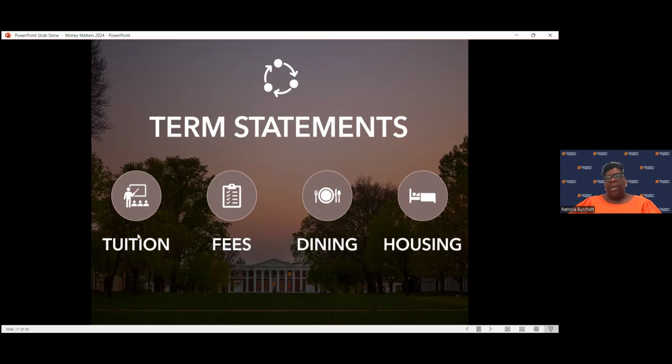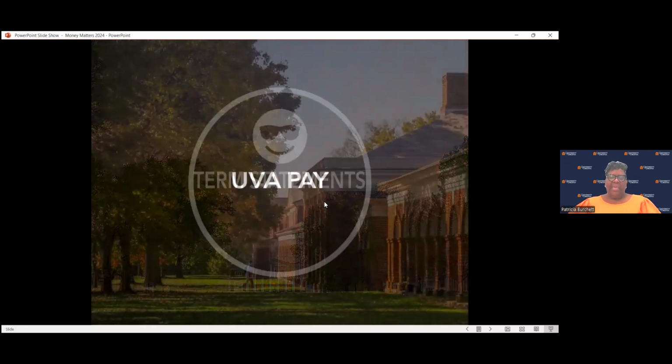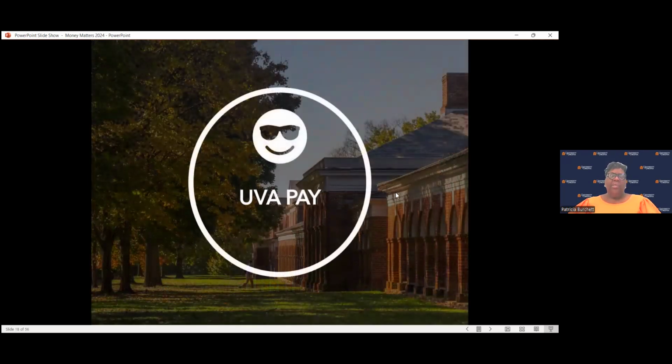But the fees that you are always going to see are tuition and fees, which could be a number of different things, to include bookstore fees and things like that. And the dining and housing fee, again, like I said, is only a mandatory fee if you're a first year student.